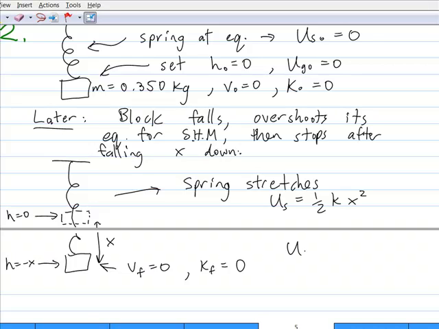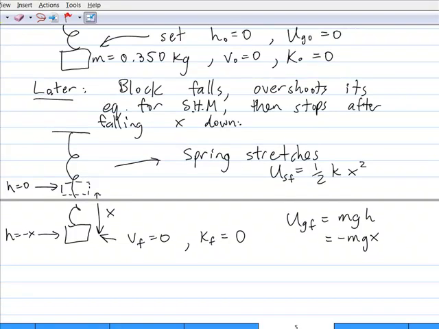So the gravitational final, sorry, just adding an f to the spring potential energy final, is going to be mg times h, which is going to be negative mgx. Okay, so this is good. So what's going on is the spring is gaining potential energy, but the block is losing gravitational potential energy. So that should balance out.